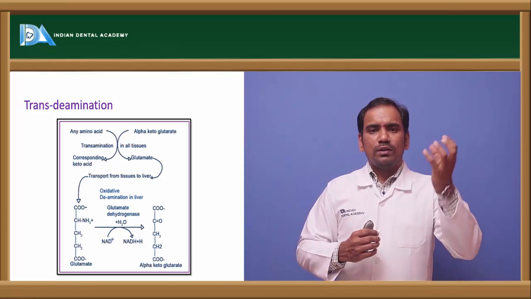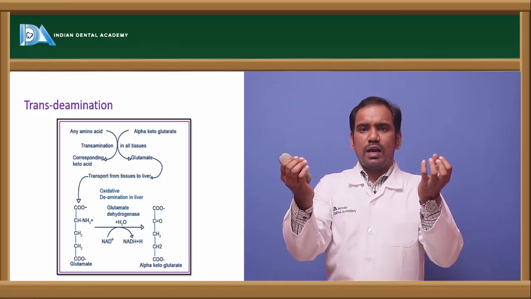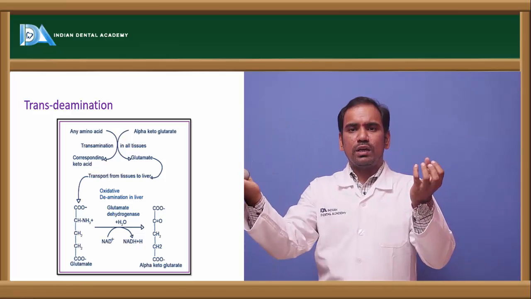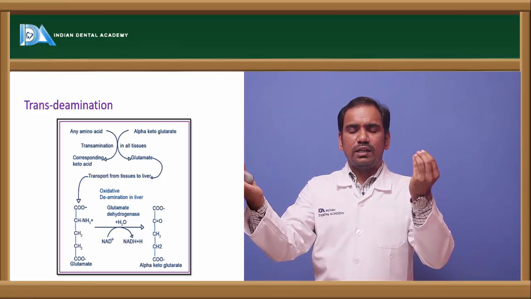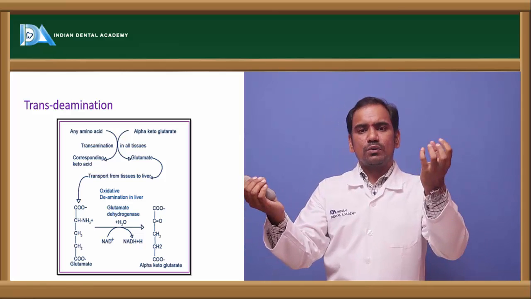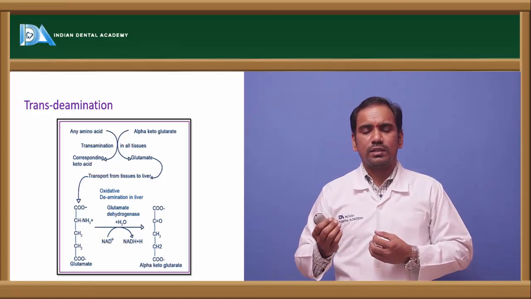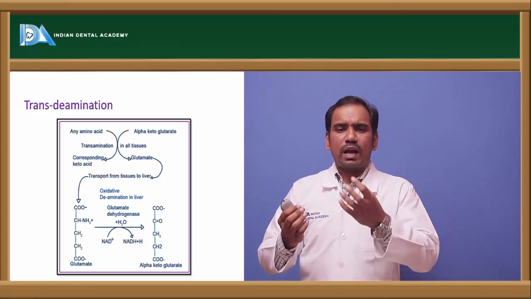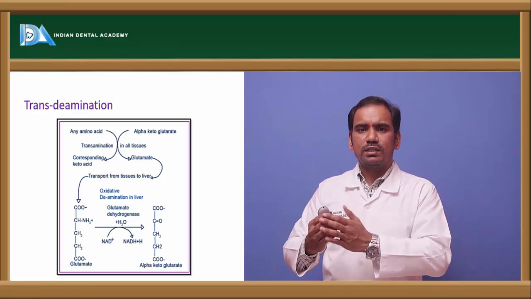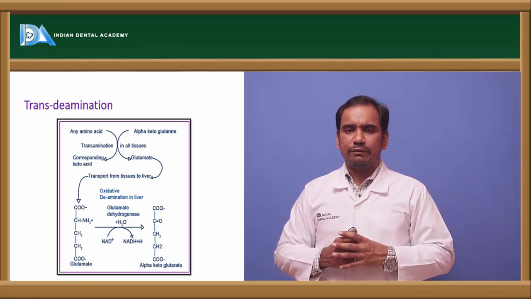The keto acid which has received the amino group is converted into an amino acid, and the amino acid which transferred the amino group is converted into keto acid. That keto acid now enters into the catabolic pathway of amino acid, and the new amino acid is transported to the liver.